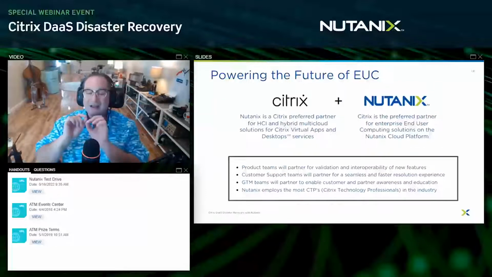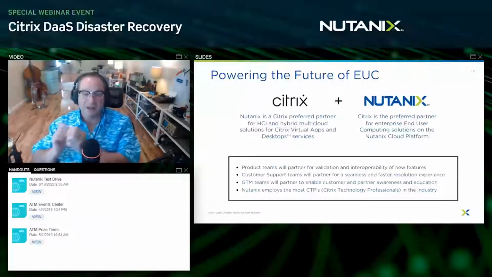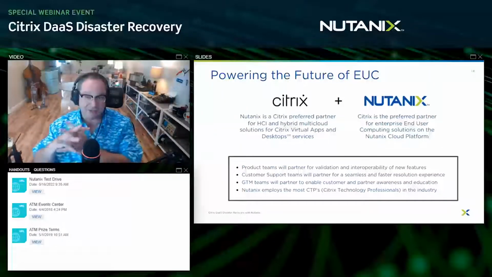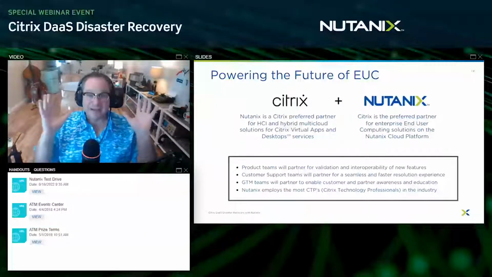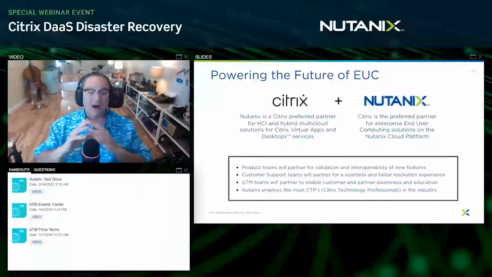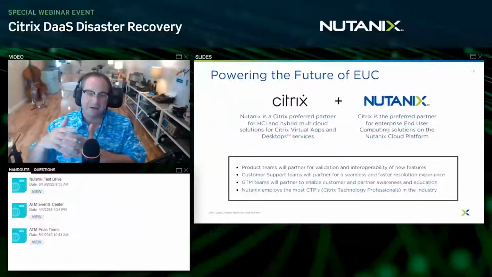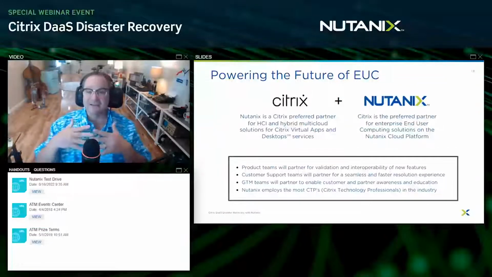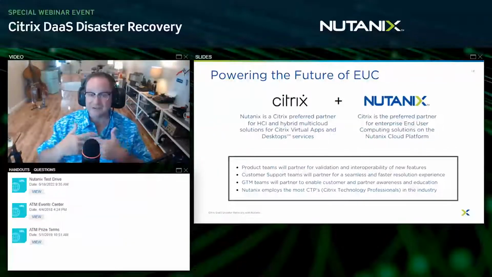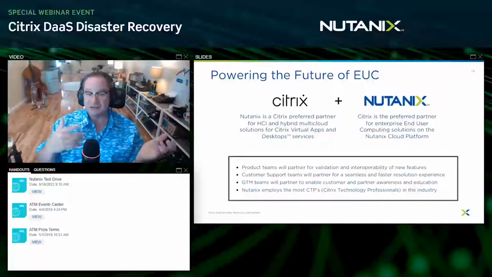This is where the investment comes from. Product teams, those engineering folks, or as we say in Boston again, those wicked smart people, are the ones getting together. I'm not going to tell you how often they get together, but they're getting together to actually co-dev and validate solutions between Nutanix and Citrix.